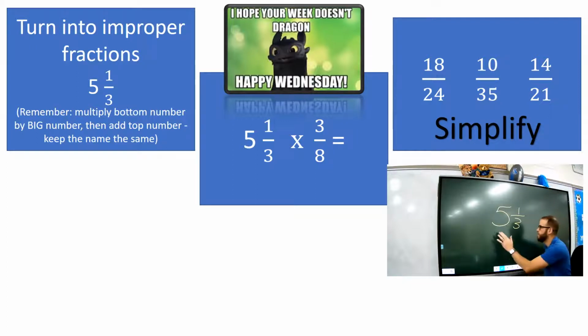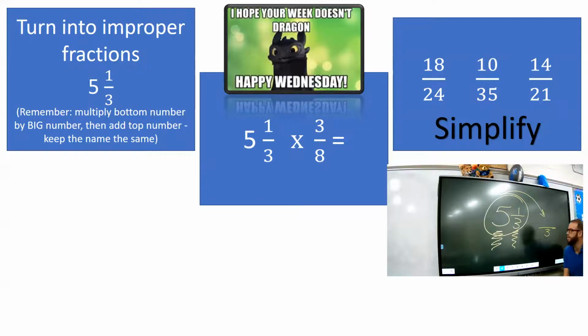How do we know? Because we have a whole amount and then we have not a whole, right? This is somewhere on a number line between 5 and 6. So what we'd like to do is take this entire amount, go to the fraction bank, and turn it into a whole bunch of thirds. Now, your number is going to get larger on the top because you have more than a whole. And 3/3 is equal to a whole.